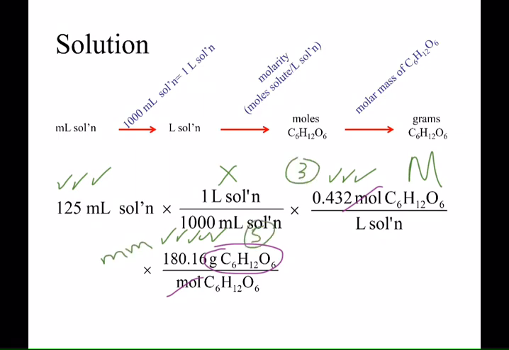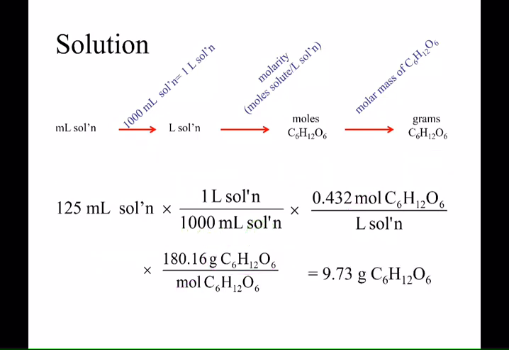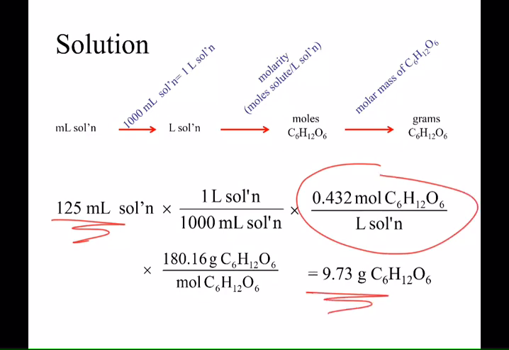So 3, 3, and 5, I'm liking 3. All right, so did you get this? 9.73 grams of glucose. So, I mean, this could be a practical thing. If you know that you want 125 milliliters of this molar glucose solution, this is the mass of glucose you need to dissolve in 125 milliliters.